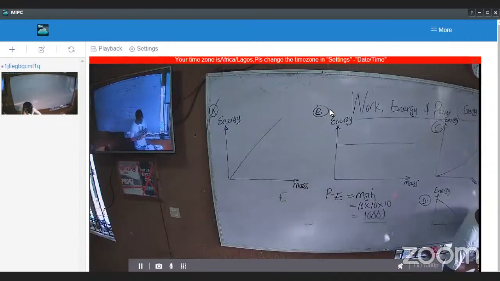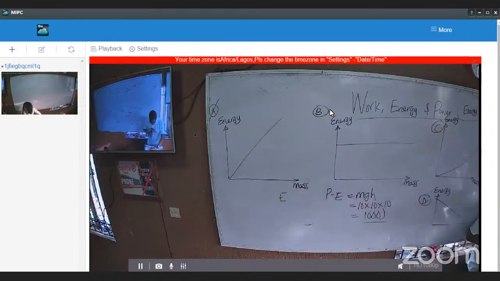Let's go. Next question. Number 8. When the speed of a car is halved, its kinetic energy is: Option A, doubled.